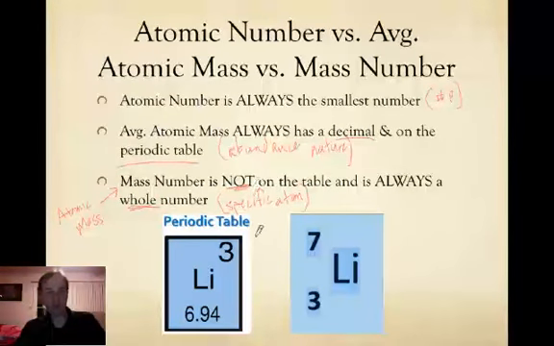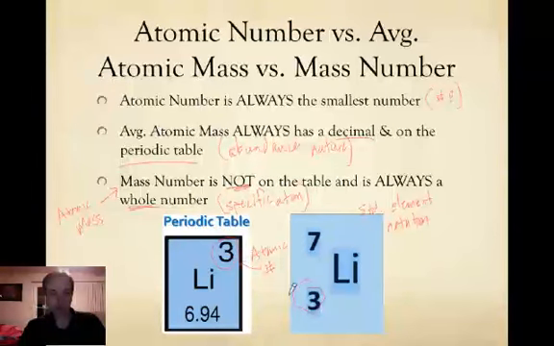So what I'd like you to do on your notes is looking at these 2 examples. This one's from the periodic table. This is what we call standard element notation. So if we were to look at a particular atom of an element, this is standard notation for it. I'd like you to label the atomic number, the atomic mass, and the average atomic mass. So if we're looking at the periodic table, this guy here, always the smallest number, this is the atomic number.